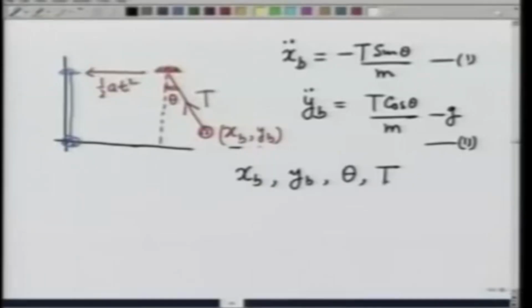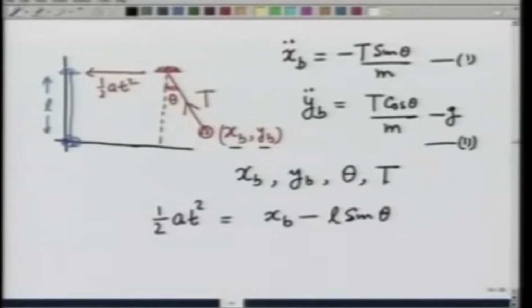Those equations are provided by the relationship between x b, y b, and the coordinate of the support. The support has moved by a distance 1/2 a t square, and that is equal to x b minus, if the length of the pendulum is L, minus L sine of theta.